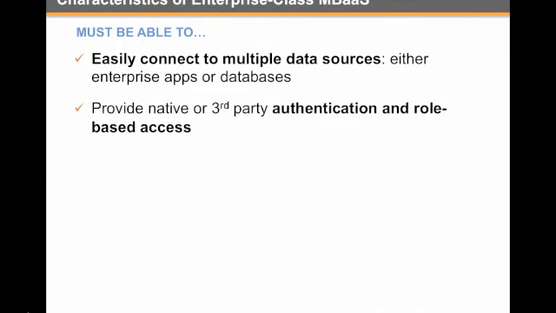The second thing you're going to need to do is, if you need to authenticate users, those users may have to authenticate against systems that exist in the enterprise today, directory services, single sign-on, various other solutions, or you may want to provide a unique, standalone authentication mechanism for the context of that mobile app. So having the flexibility to provide either some native out-of-the-box authentication capabilities or connect to third-party authentication systems is important.